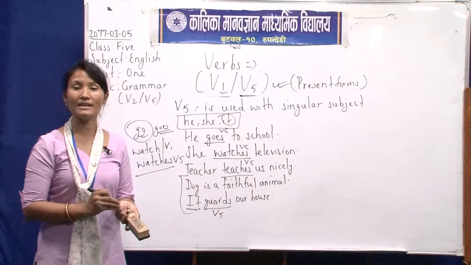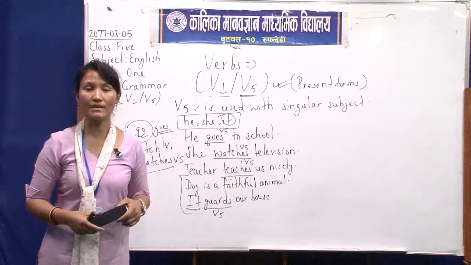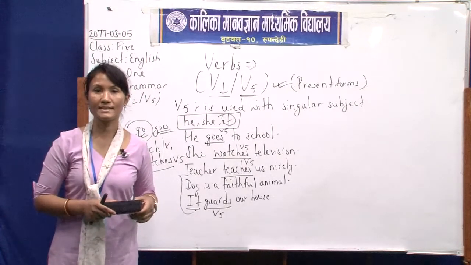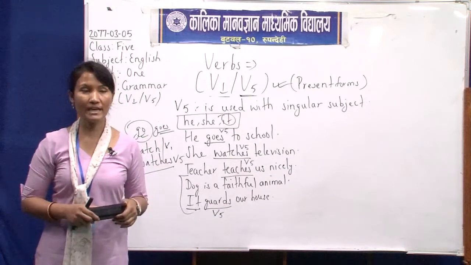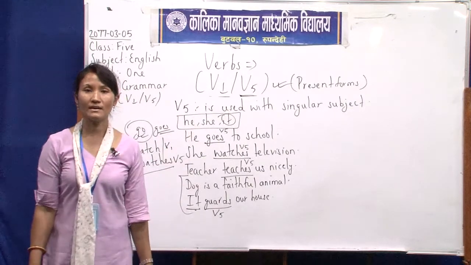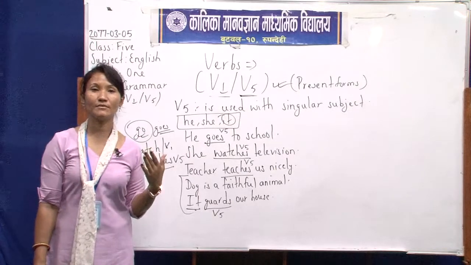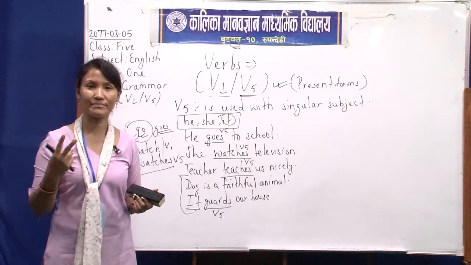I guess you are clear about where we are going to use verb 1 and where we are going to use verb 5. Once again, I'd like to tell you that verb 1 is used with plural subject. Likewise, verb 5 is used with singular subject. Now, if you think nicely, then two things are missing here.